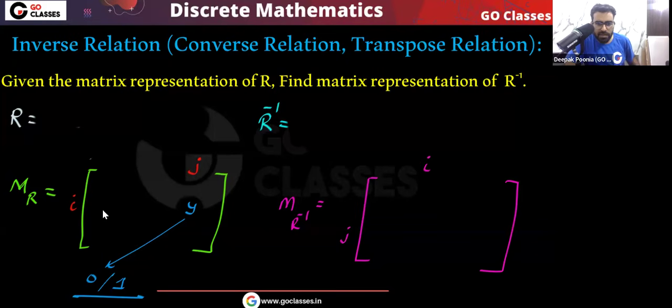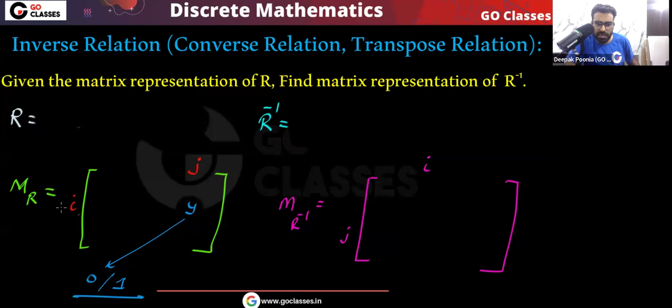Okay, so you tell me, if y is 1, it means this ordered pair I comma j belongs to R, then j comma I will belong to R inverse. So you can see, if this y is 1 in ij, then in the matrix representation of R inverse, this ji will be 1. Yes or no? If I put 1 in the matrix representation of R, here in ij, then in the matrix representation of R inverse, in ji, I have to put 1. Okay, yes or no? Very simple point.